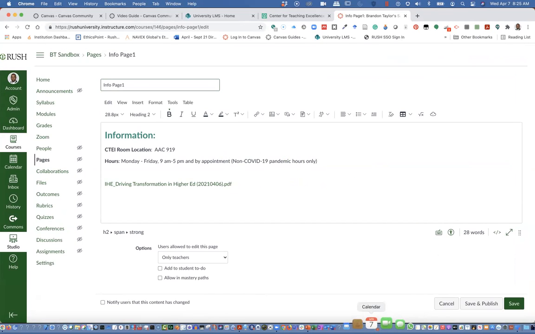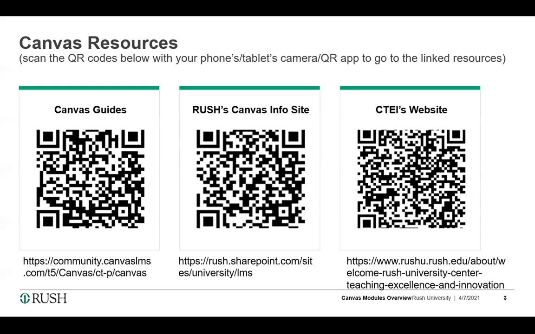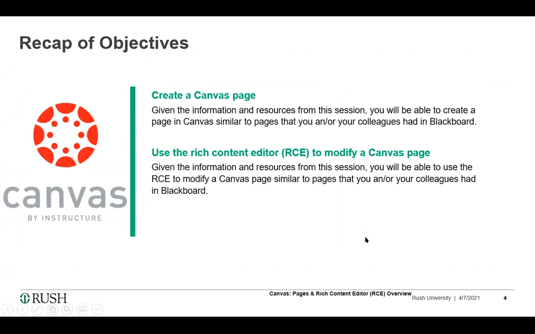So I'll stop sharing right there. And I will share actually my screen here. And so just to recap of what we've done, of the objectives, we created a Canvas page. We modified that Canvas page and we used a rich content editor.